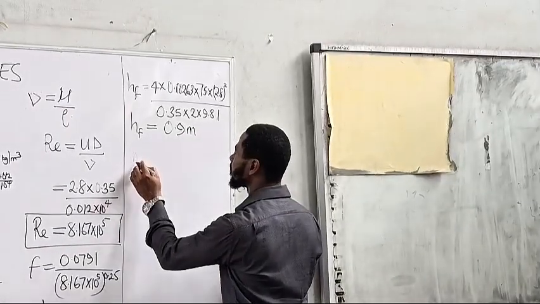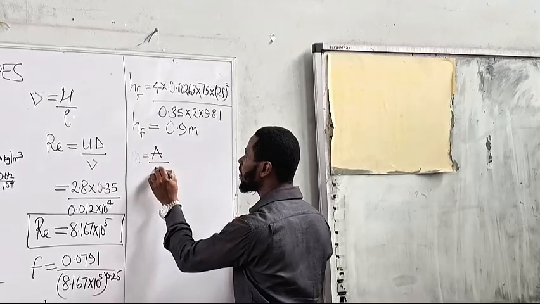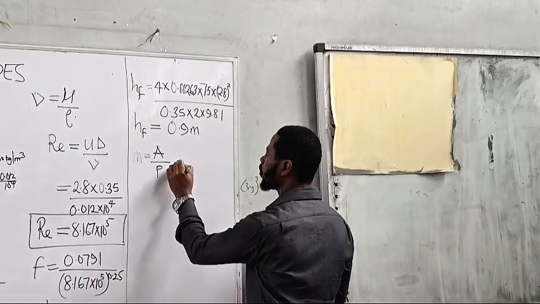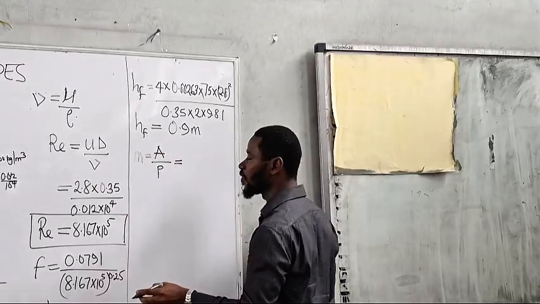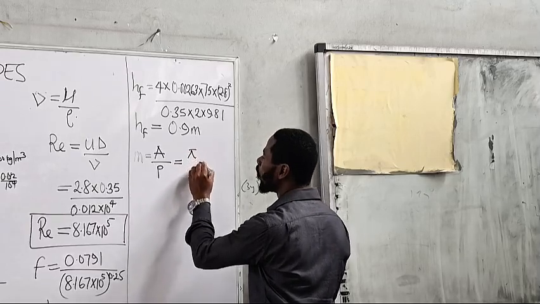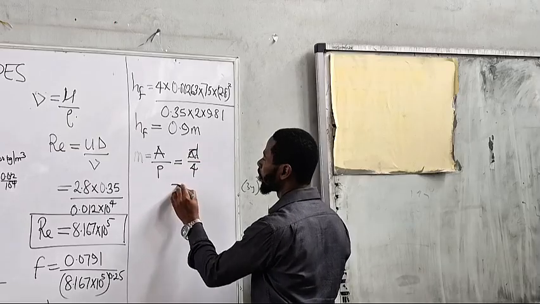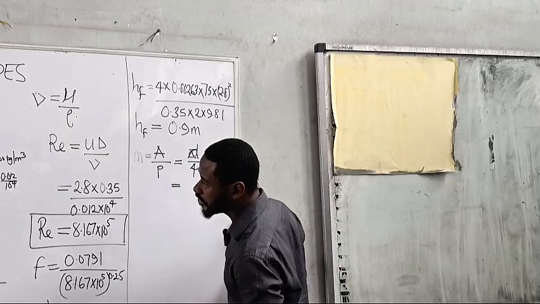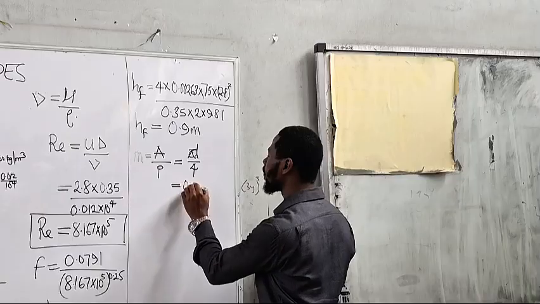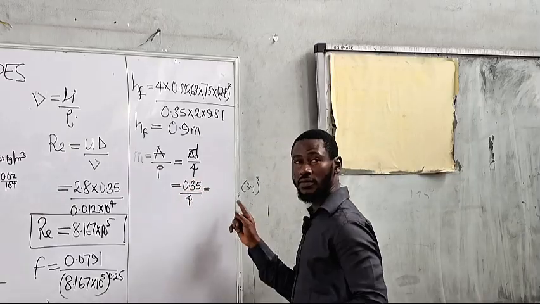So M is equal to the area of the pipe divided by the perimeter of the pipe. When you further simplify, we have it as D over 4. D in the question is given as 0.35, divided by 4.